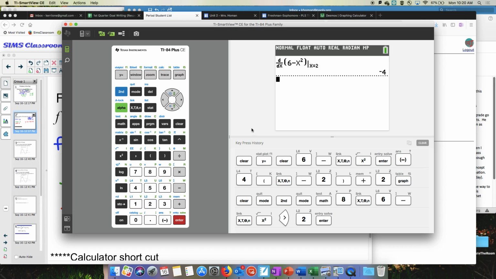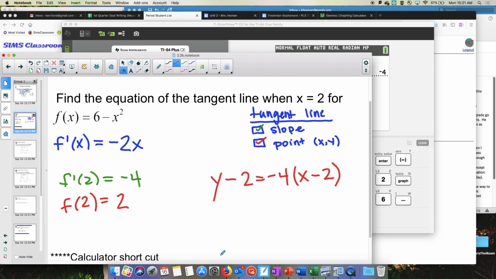Max, you're going to have to open a parentheses. Does it have d dx? It says n derived. That's right, n derived. So you're going to plug in the function, whatever it is, so 6 minus x squared.